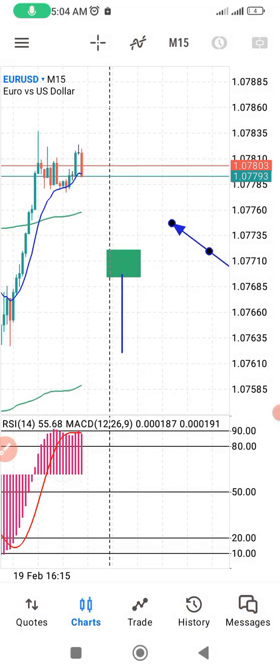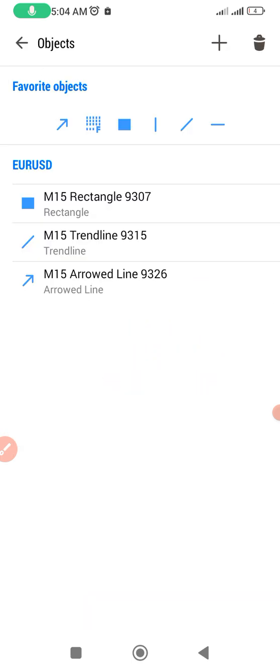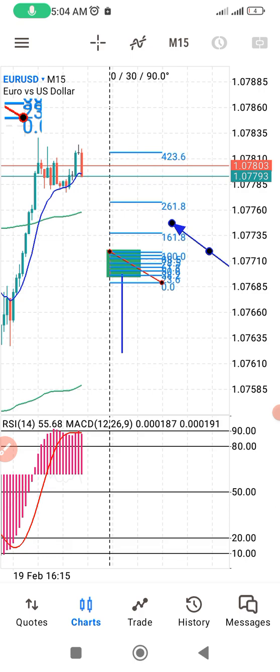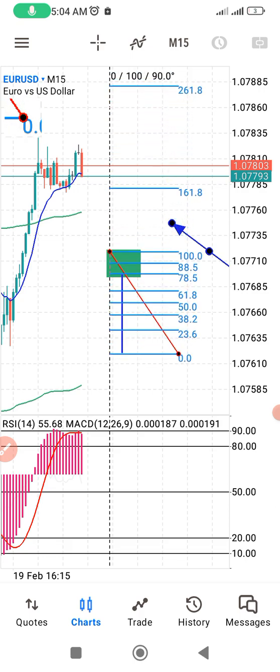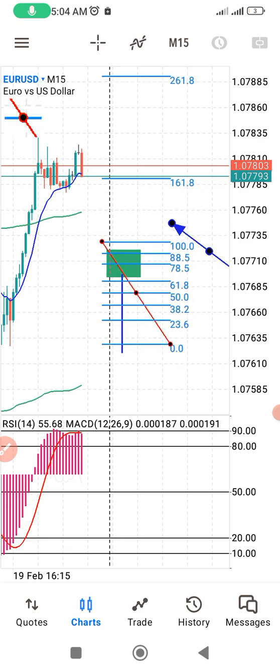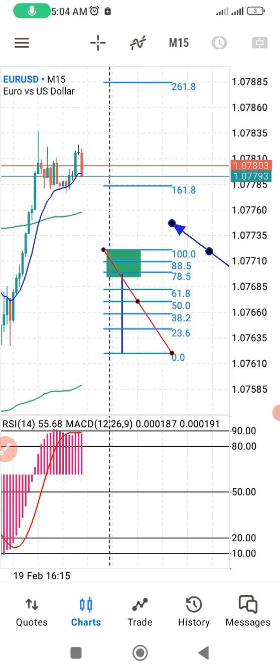And then the third one is you can take 50% of this candle. Here is your 50%. So you can set your pending order here. That is 50% of the pin bar.